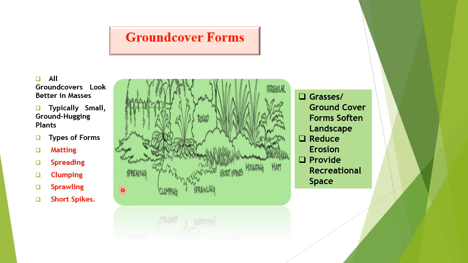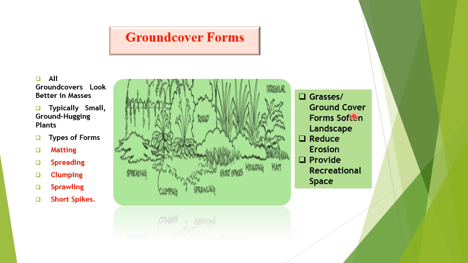You have a spreading type, like a grass which spreads. You have a clumping type, where they are together in the form of a clump. Or they are sprawling type, or they can be small short spikes like small grasses. These are some of the ground forms.